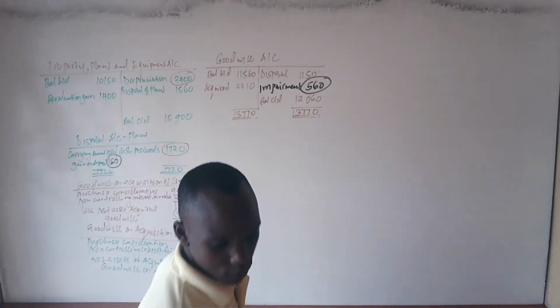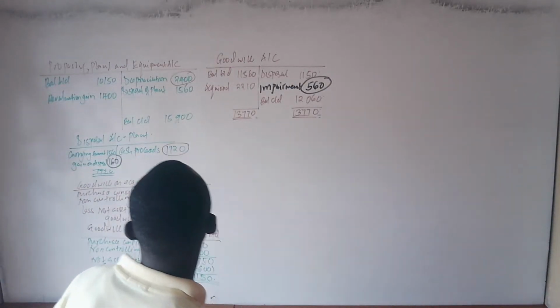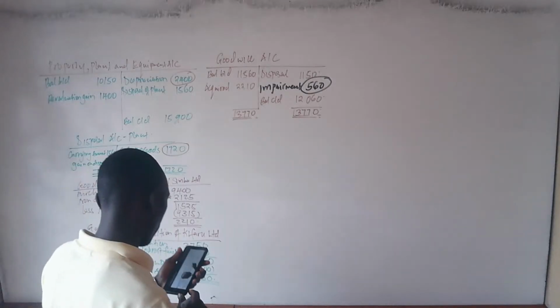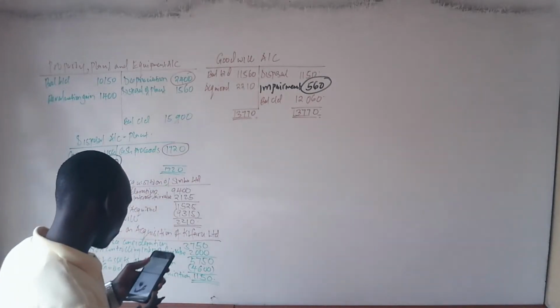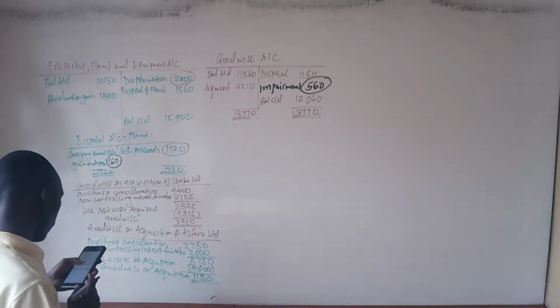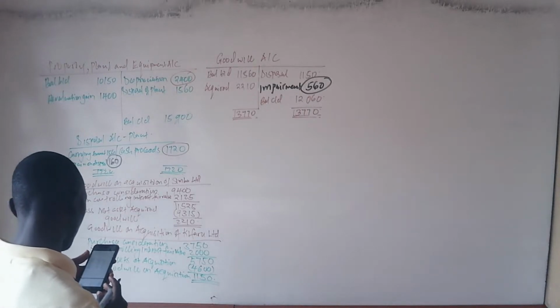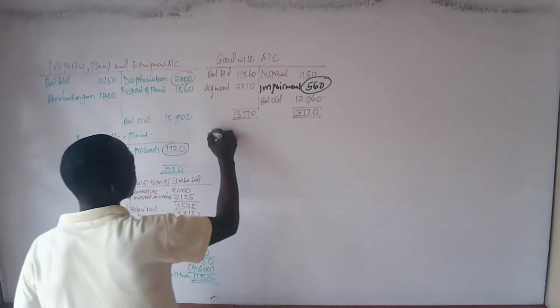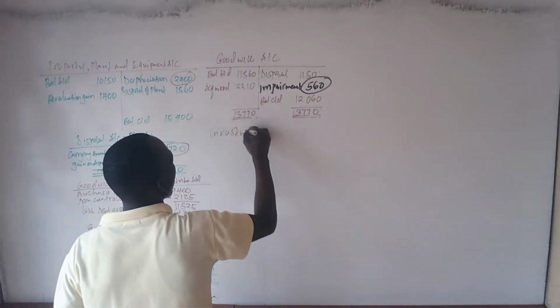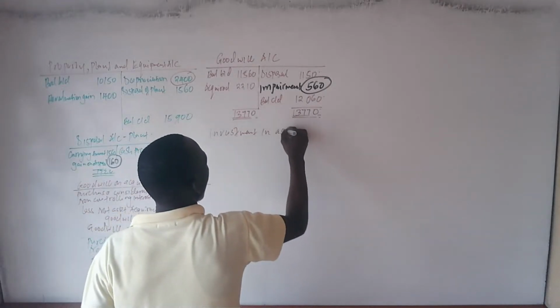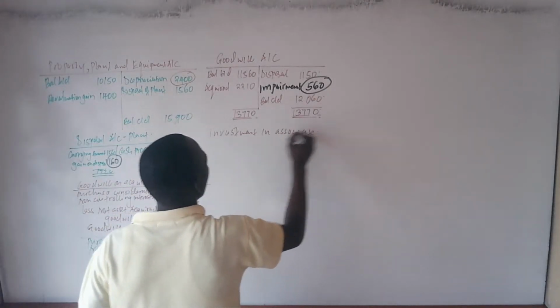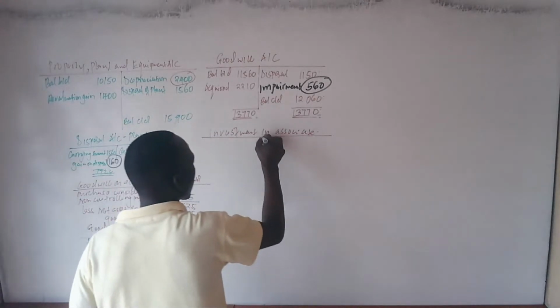Then we go to the next one. The next one is which one? The next one we have is the investment in associate. Let us open the investment in associate account.